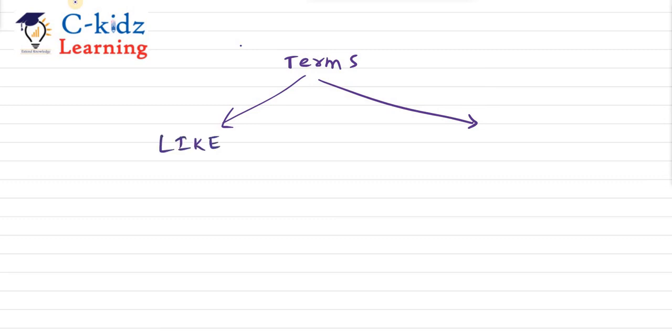Based on terms we can categorize into two types: like terms and unlike terms.